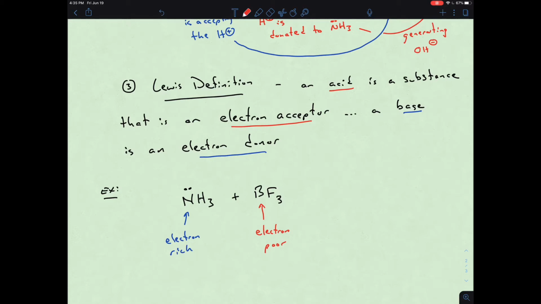With the boron trifluoride, the fluorines are the most electronegative elements out there, right? So they're pulling electron density away from the boron. They're making the boron very electron deficient. And so that's what details the chemistry.